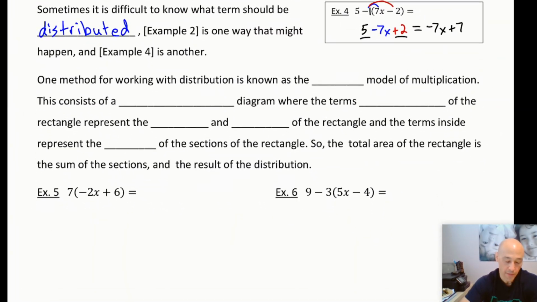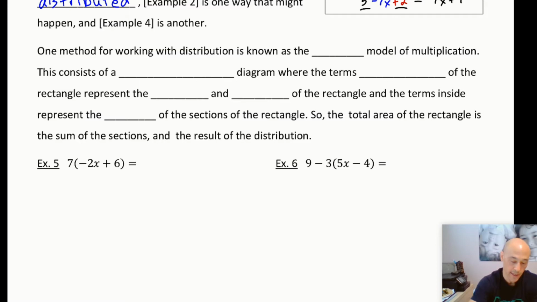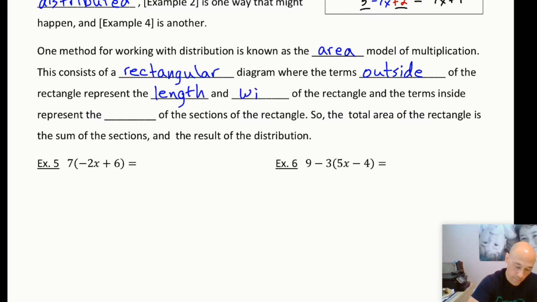One method for working with distribution is known as the area model of multiplication. This consists of a rectangular diagram where the terms outside of the rectangle represent the length and width of the rectangle.